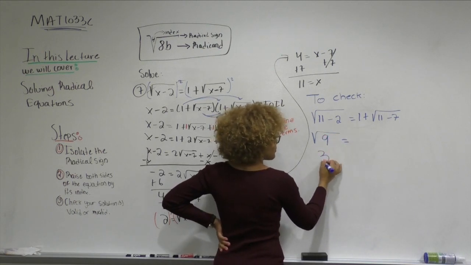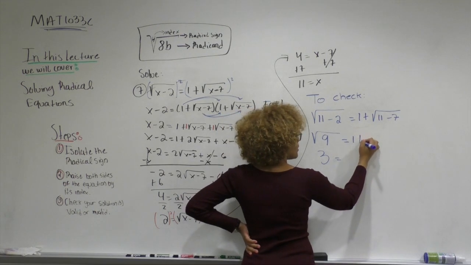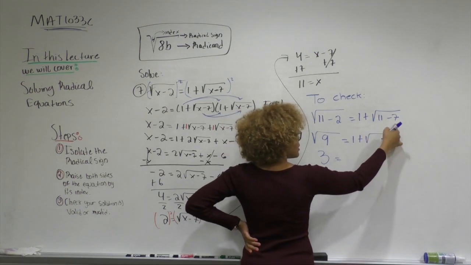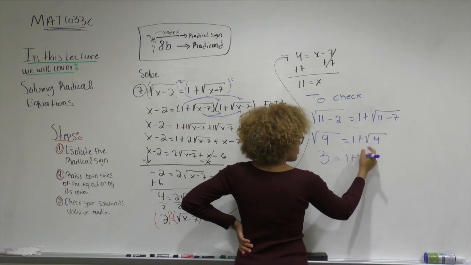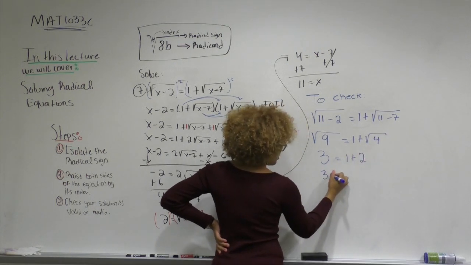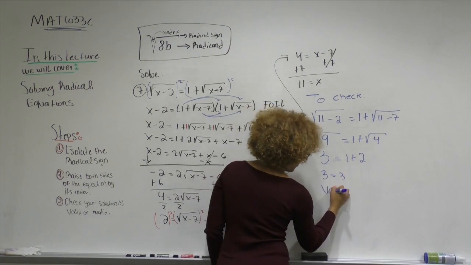Square root of 9 is 3. 11 minus 7 is 4. Square root of 4 is 2. 1 plus 2 is 3. Those equal 3. This is a valid answer.